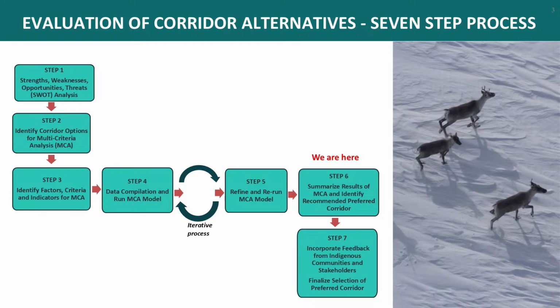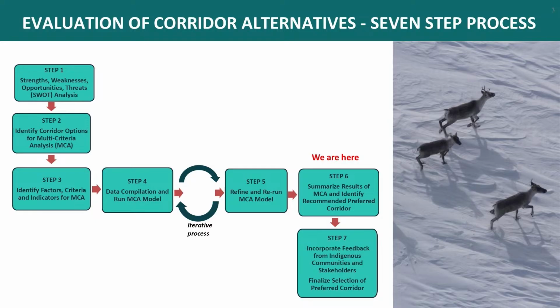Then we move on to identifying the factors, the criteria, and the indicators for what's called the MCA, which is the multi-criteria analysis, which is taking all these different considerations, these factors, criteria, and indicators for each layer that's involved in the process and putting them all together, combining them to come out with an end result.